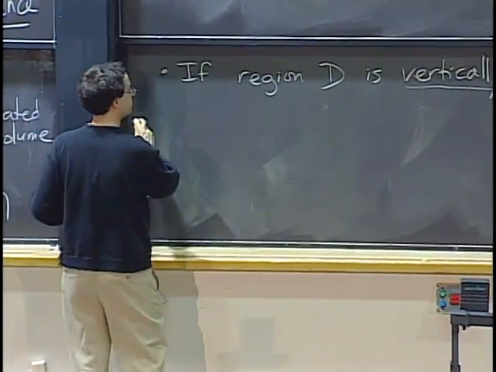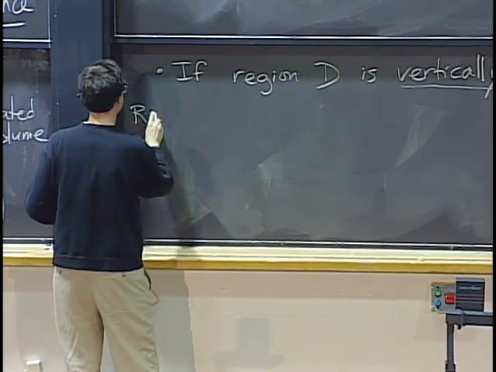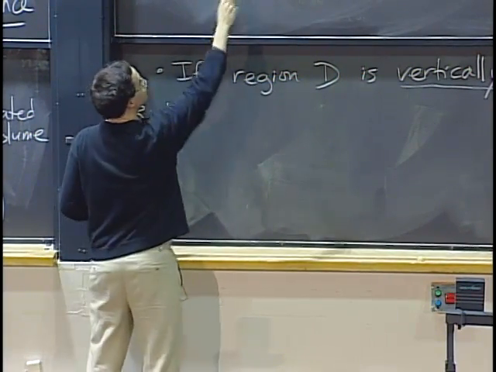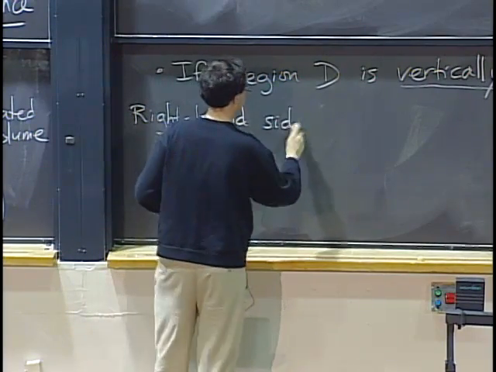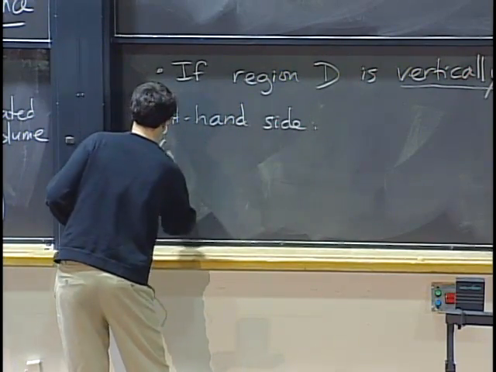So let's see what we can do in that case. The right-hand side of this equality, that's the triple integral. Let's start computing it.